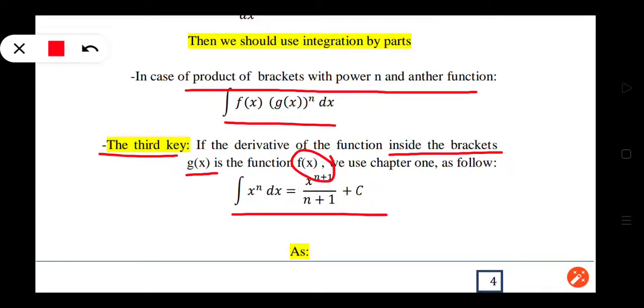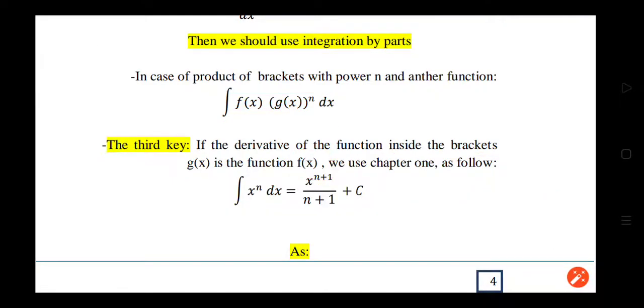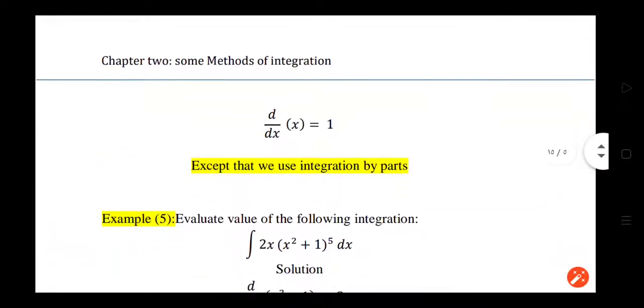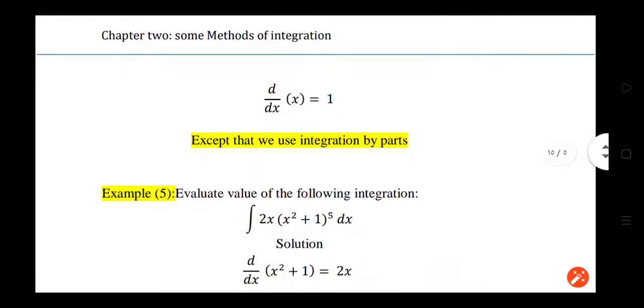That's the rule. But note that n is not equal to negative 1. Except that we use integration by parts.